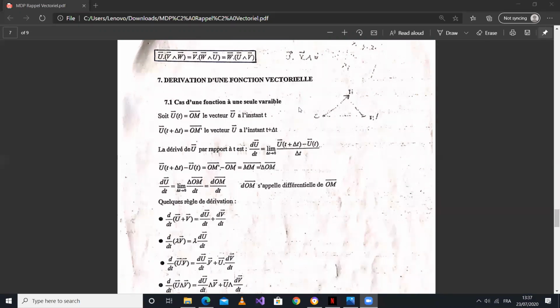How much was y moving per x? If I move x once, how much is y going to move? If I move x twice, how much is y going to move? That's the rate of change, and that's what differentiation gives us. That's the significance or the application, or where it comes in handy. We are calculating rates of change.